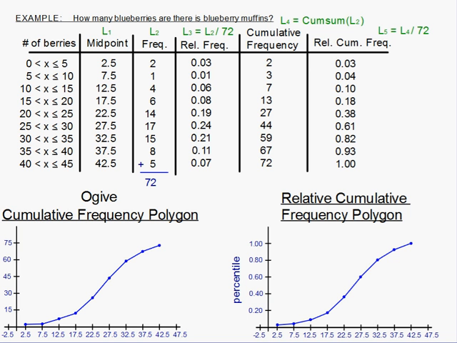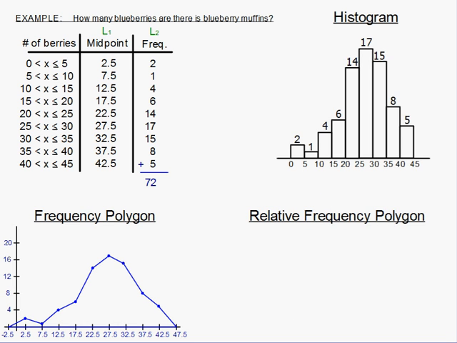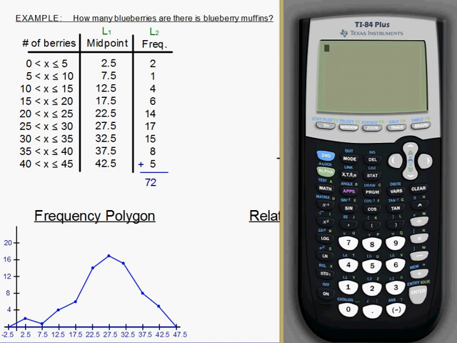I'm going to jump back for a moment to here so that I can show you how to do this on your calculator. So first of all, let's remember that I have the data in L1 and L2. You can make a frequency polygon in your calculator. If you go second stat plot, right, we can go to our plot. And this first one, I'll do that one first.